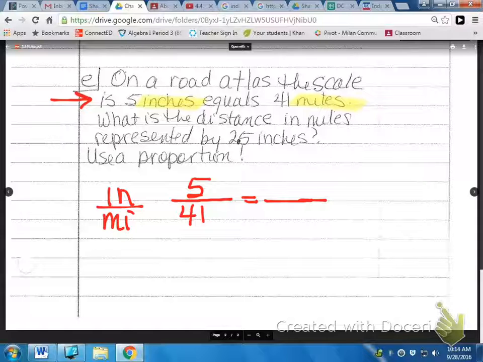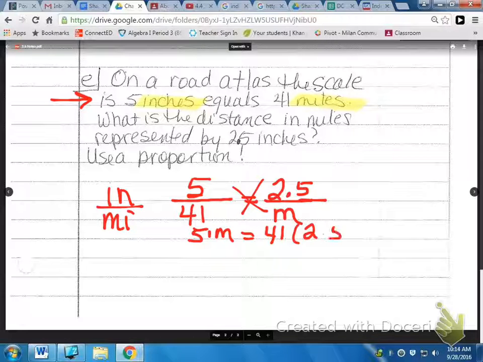So what distance in miles is represented by 2.5 inches? So I've got the inches. I'm going to put 2.5 up here. The miles, I don't know, so I'm going to let that be m. So I've written my proportion, and now I'm going to solve. Cross, cross. So 5 times m equals 41 times 2.5.